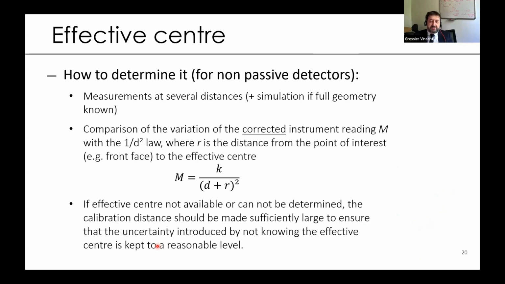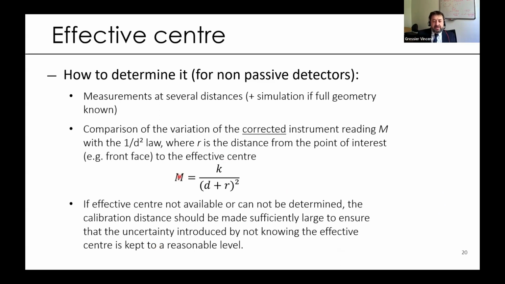So the effective center, if you don't know it, how could you determine it? You should make measurements at several distances, adding in addition simulations if the full geometry of the detector is known. And you will compare the variation of the corrected instrument reading with the 1 over square of the distance law.